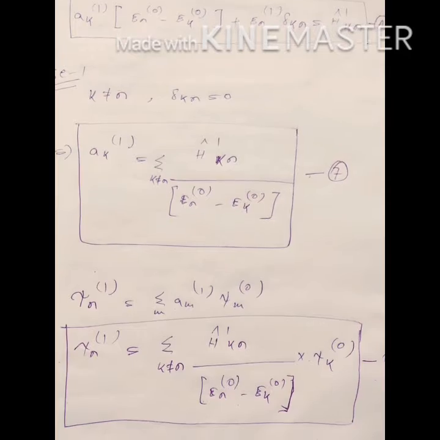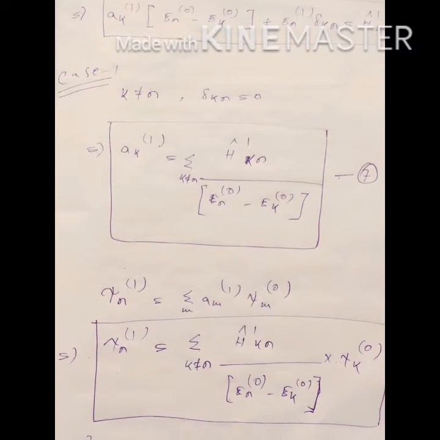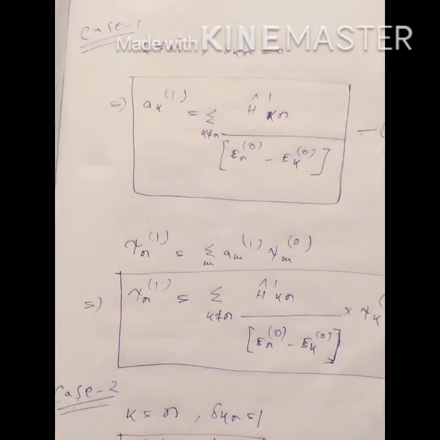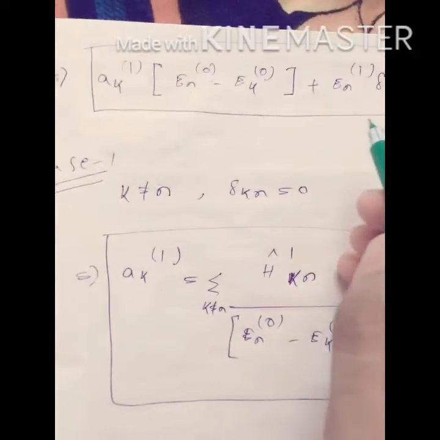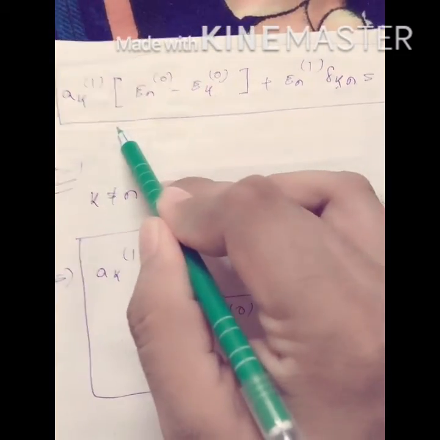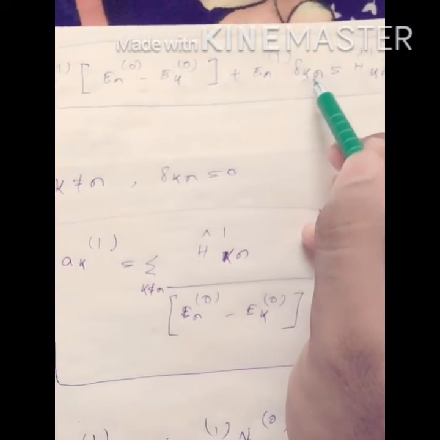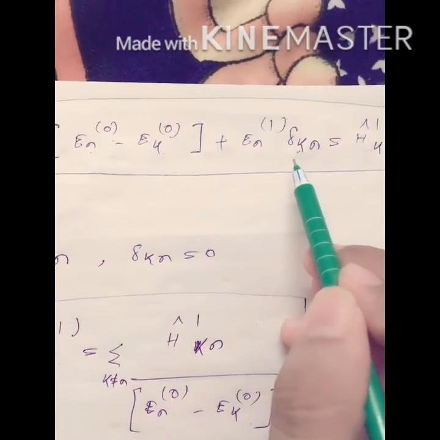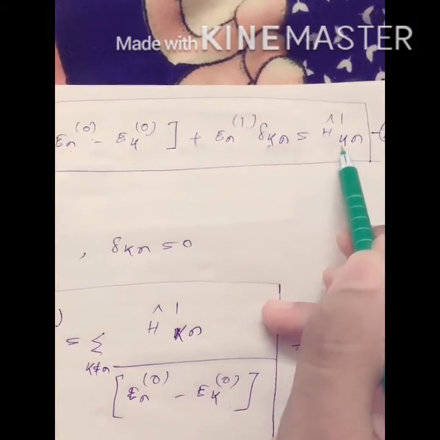So now we can go for case 2. In case 2, k is equal to n. If k is equal to n, this term becomes 0, and delta kn is equal to 1. So En1 is equal to H prime nn.